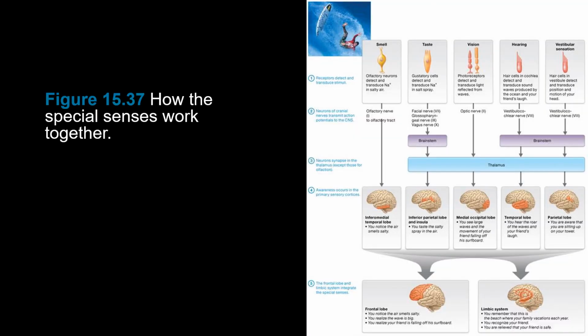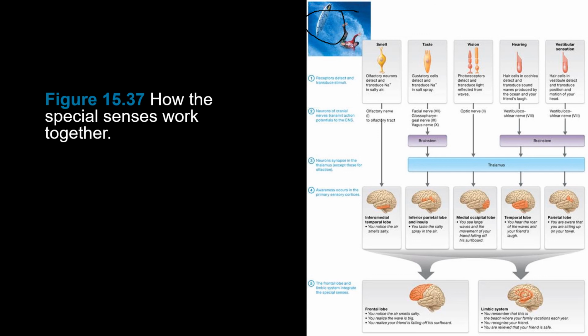This image really breaks it down very simply. Again, we're looking at the friend falling off his surfboard up here. Smell neurons detect and transduce sodium in the salty air, sending those action potentials directly through the olfactory tract to the olfactory cortex in the inferomedial temporal lobe.